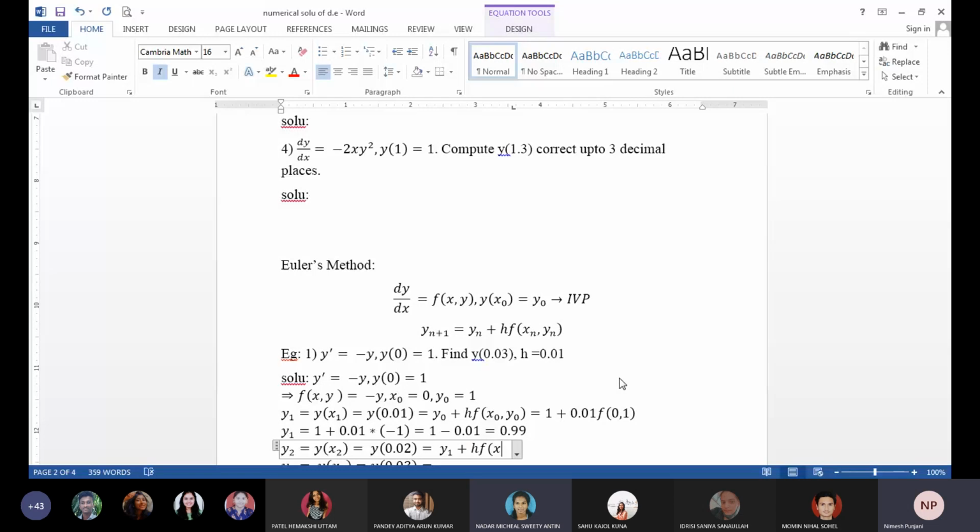y1 plus h into f of x1, comma y1. Right?